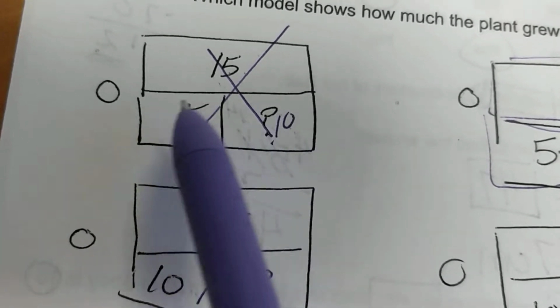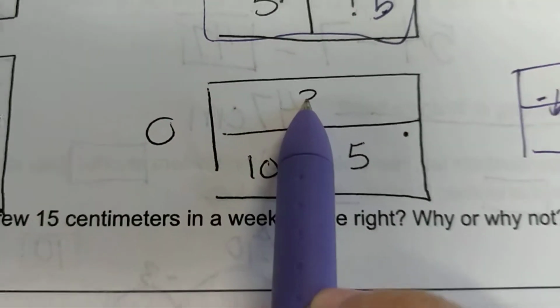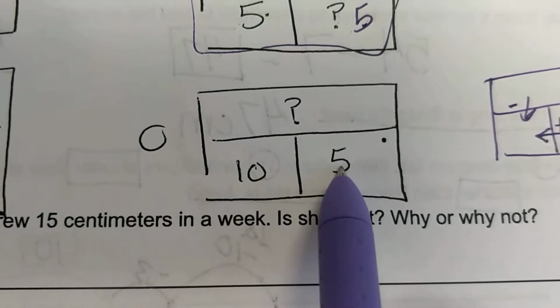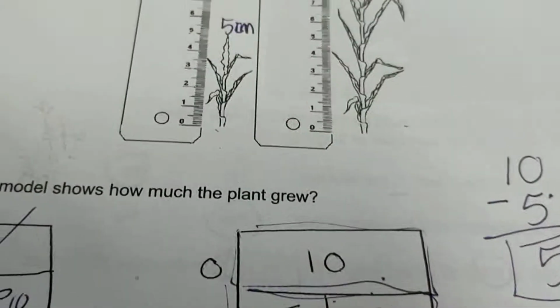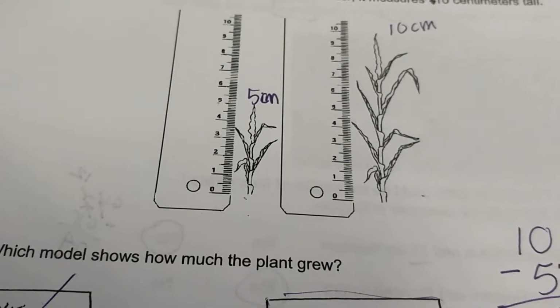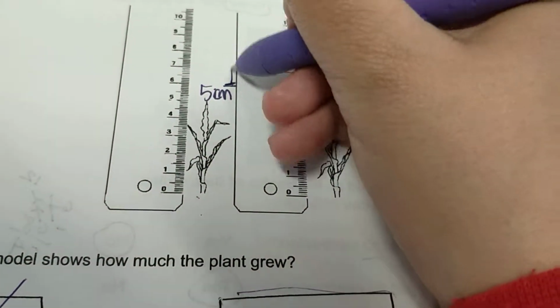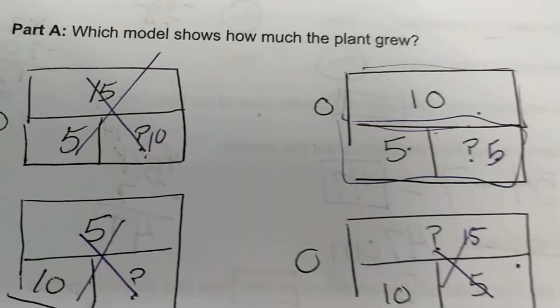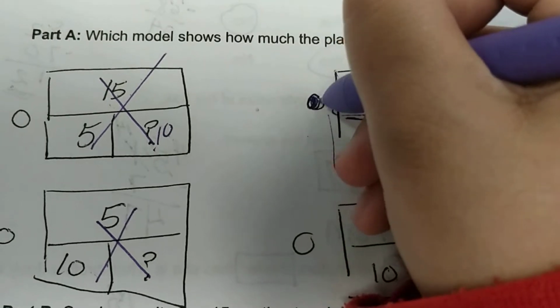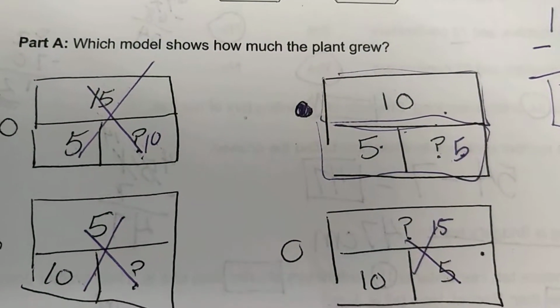If I add 10 plus 5, it equals 15. Let's go up here. Oh, we don't know our whole, but it says 10 plus 5. We know that's 15. Well, the plant didn't grow 15. There's not 15 between here and here. We've checked all 3, so you would bubble in that one.